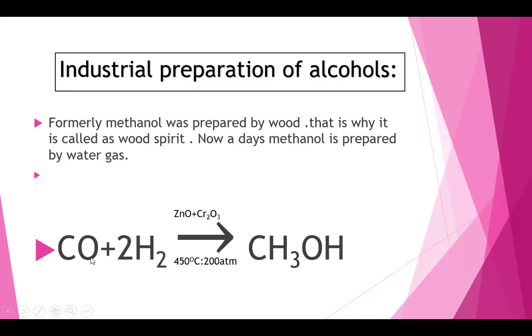So carbon monoxide and hydrogen gas mixtures are converted into methanol in the presence of two oxides, zinc oxide and chromium oxide, and the temperature condition is 450 Celsius and pressure required is 200 atmospheres.